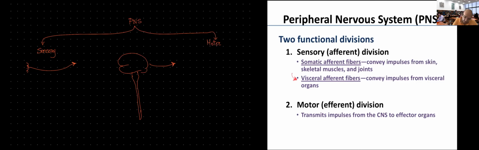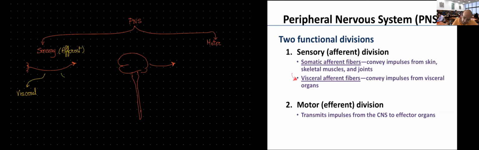If I'm sending out the signals from the receptor to the nervous system, they are afferent fibers. This might be coming from the visceral organs, my internal organs. So we call the fibers conducting those sensations visceral afferent fibers.